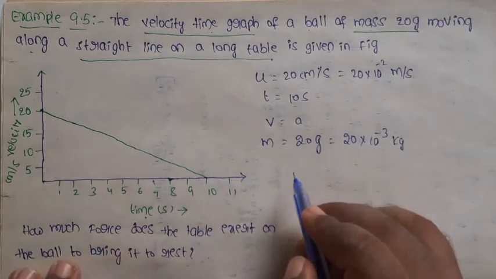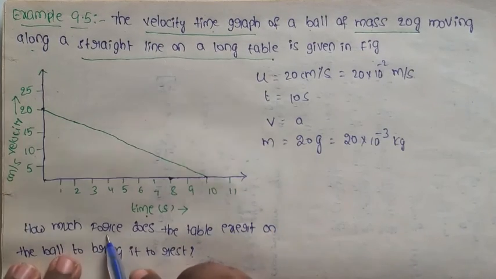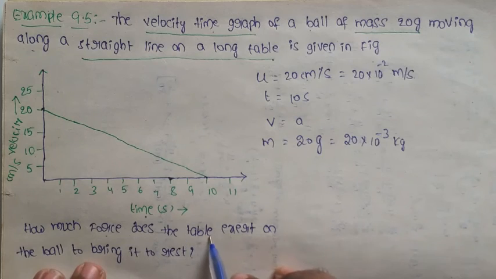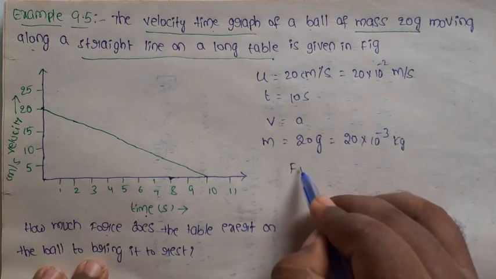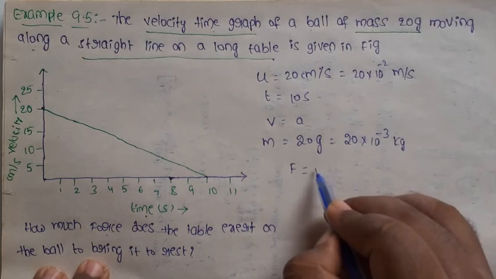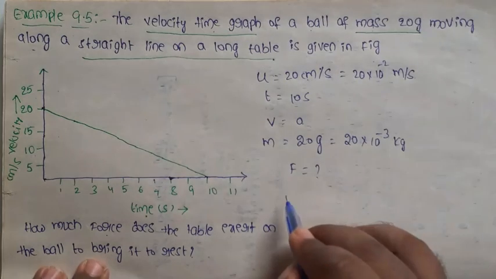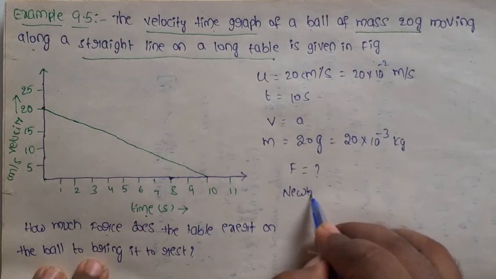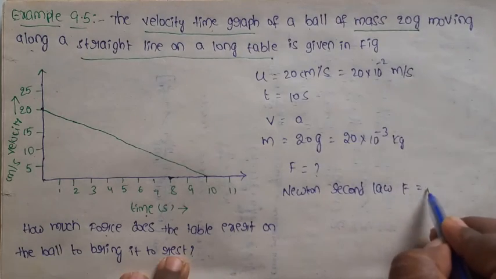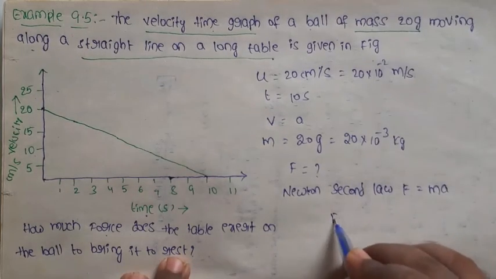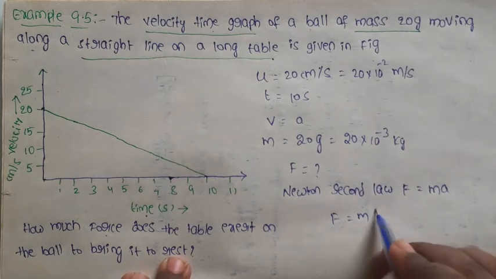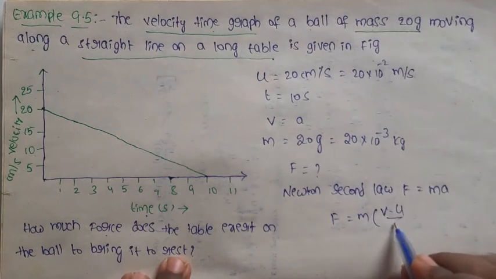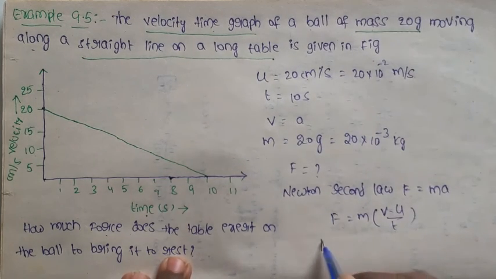So we are going to find how much force the table exerts on the ball. We are going to find force using Newton second law. F equal to ma. In case of acceleration, we are going to substitute v minus u by t. Substitute all values.